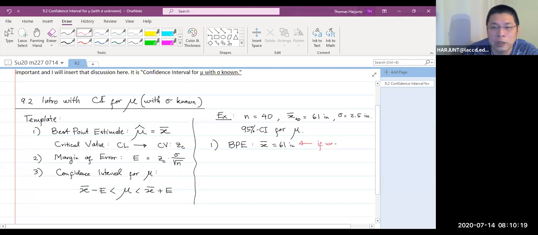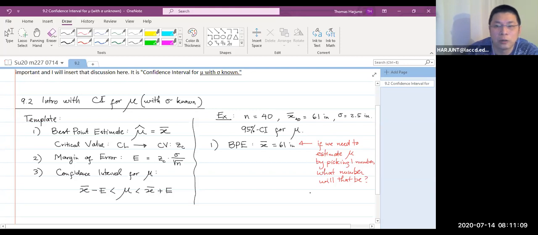If we need to estimate the population mean, the overall average height of West LA College students, and we can only pick one number, then what number will that be? That number is called the best point estimate.